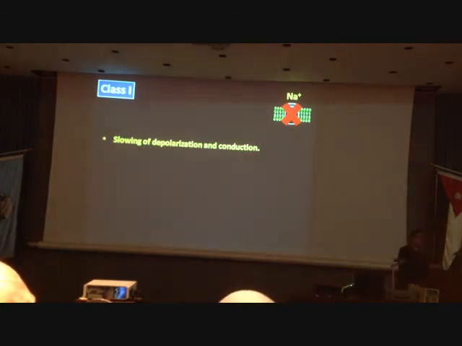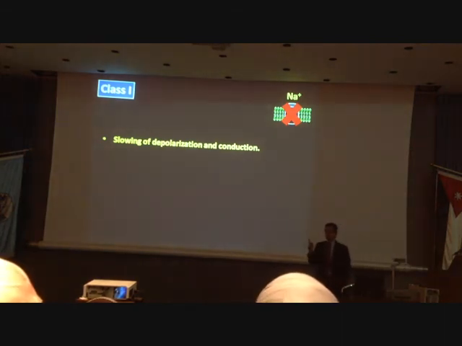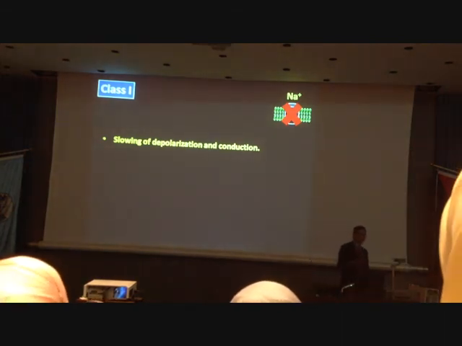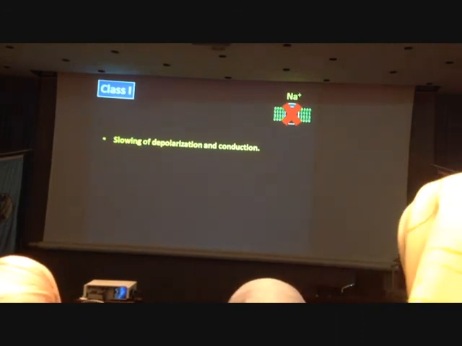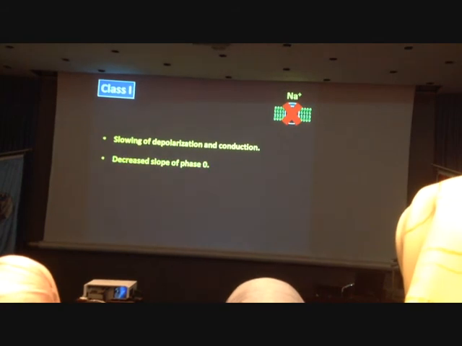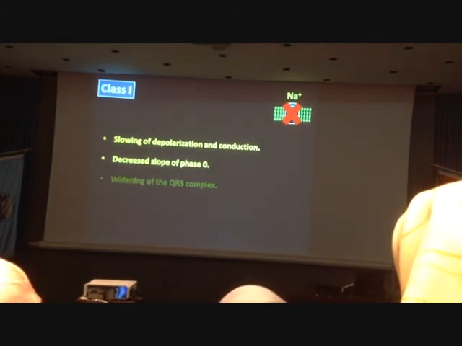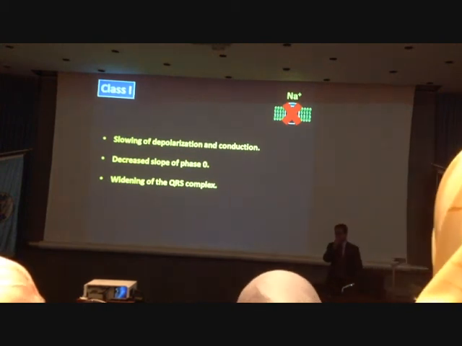Okay, so here's the summary. When you block the sodium channels within the heart, what's going to happen is slowing of the depolarization and thus the conduction, decreased slope of phase 0, and finally widening of the QRS complex.